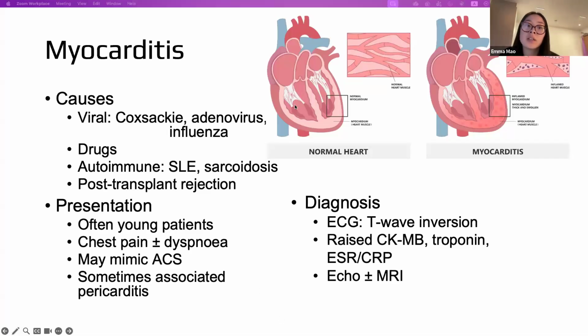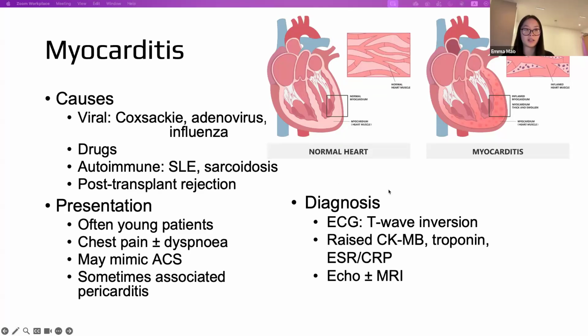So, myocarditis is the inflammation of the myocytes, so the heart muscle being inflamed here. And then diagnosis can be with ECG, so T-wave inversion, but notably it's the increased creatine kinase MB and increases in troponin and increase in ESR and CRP, so inflammation, and then echocardiography and MRI as well there.